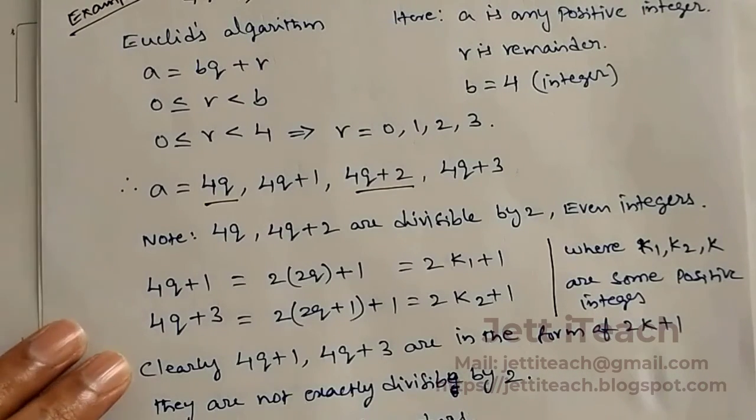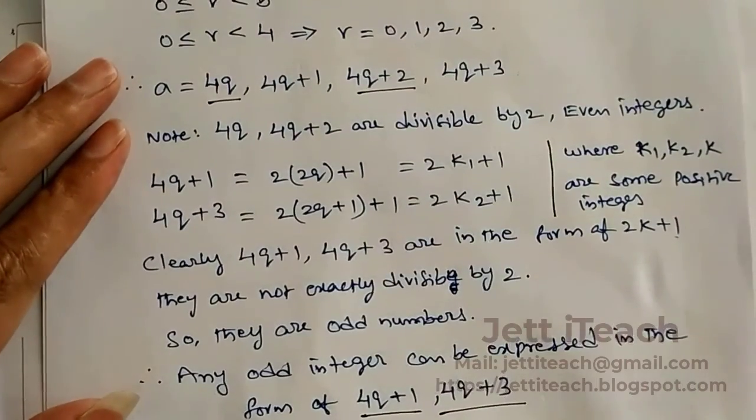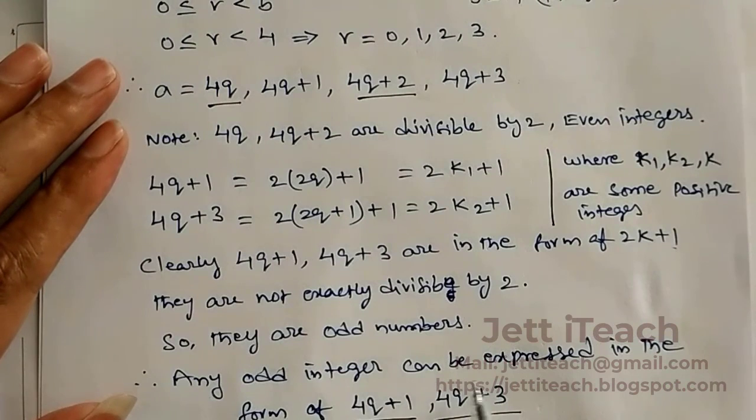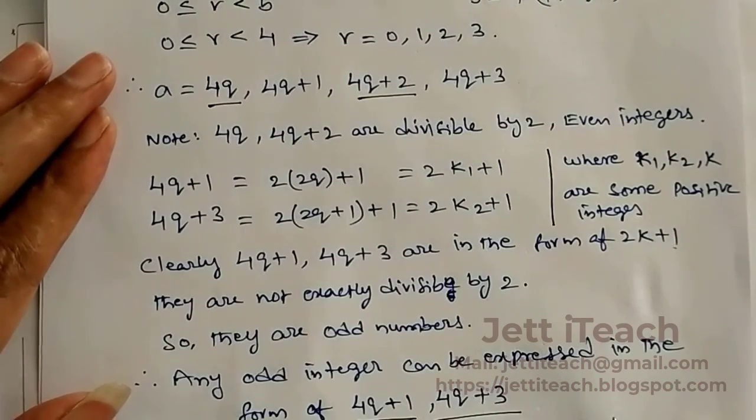So these two terms are not exactly divisible by 2, so they are odd integers. Any odd integer can be expressed in the form of 4q plus 1, comma 4q plus 3.